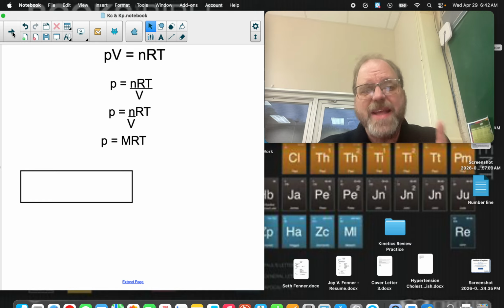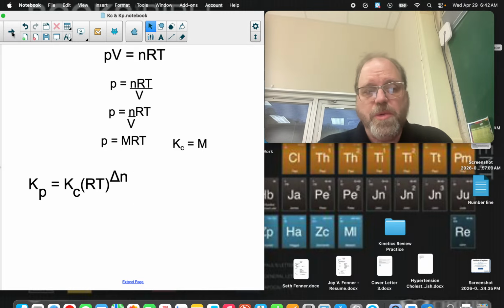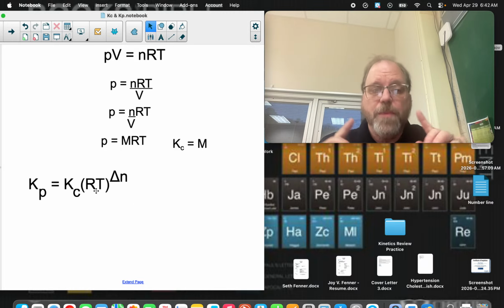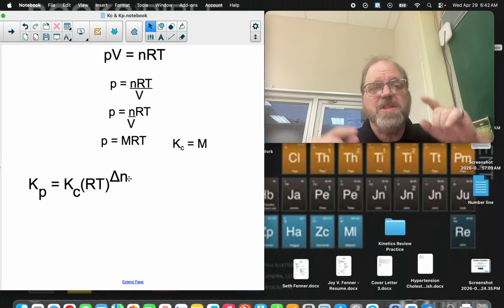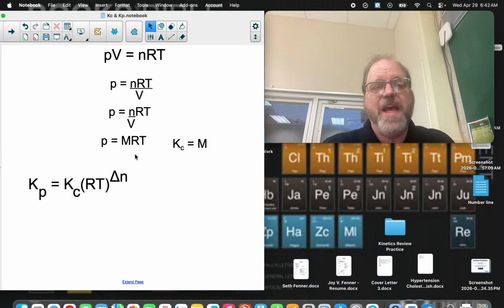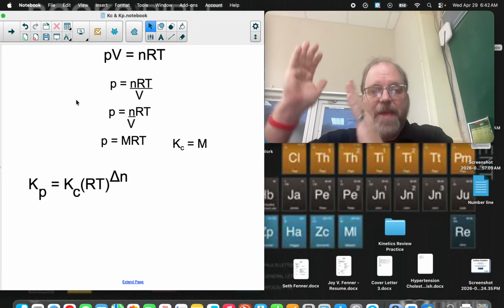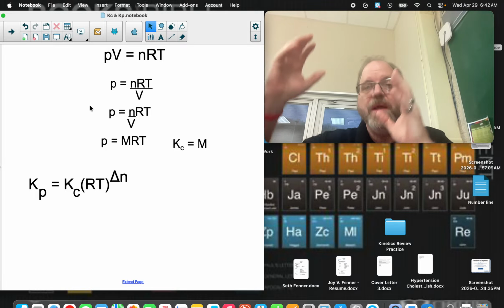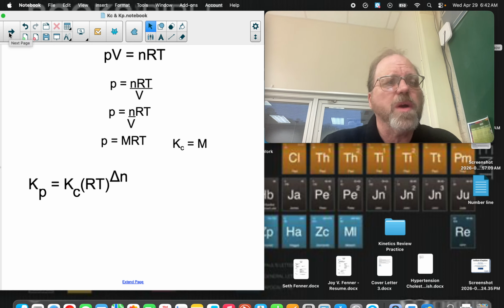Now, remember, Kc is expressed in molarity, so I can pull all those out, and I get a relationship between Kp and Kc, that Kp is equal to Kc times (RT) raised to the delta n. Now, what does the delta n mean? We take all the coefficients of the products and add those together and subtract the coefficients of the reactants, because it's division of exponents. Let's show more specifically how that works.